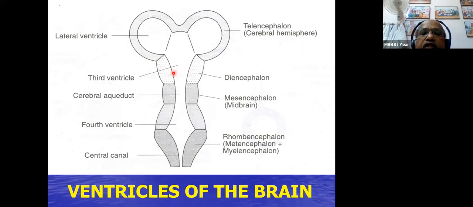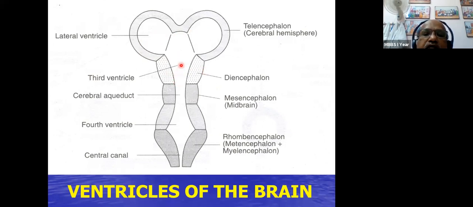But the third ventricle, only one we have. Already you know that diencephalon forms your thalamus and hypothalamus. So the lateral boundary of the third ventricle is formed by the lower part of thalamus, and below that we have hypothalamus. So in between thalamus and hypothalamus, we have our third ventricle.